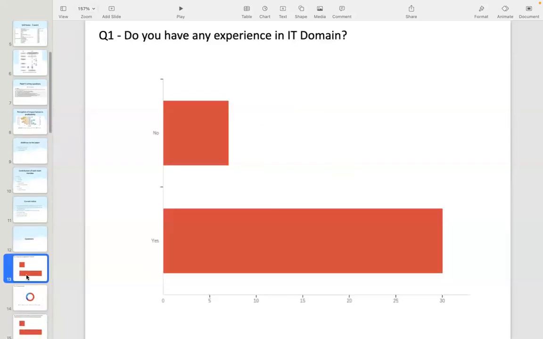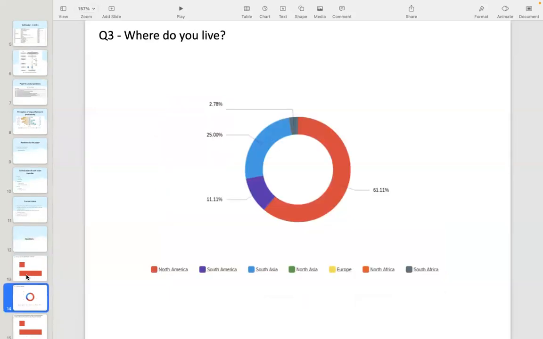We are expecting that those people who did not have experience with the IT domain either did not complete the survey, or if they completed it, they would not be on the software development side, but on the managerial side. So that is one assumption.